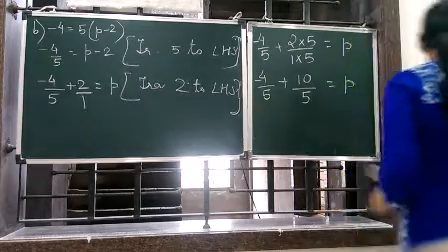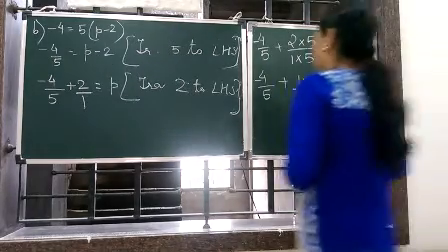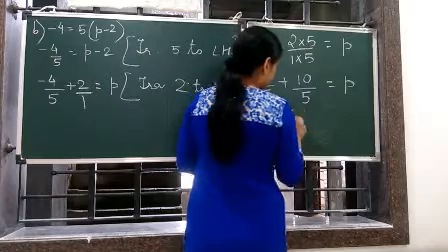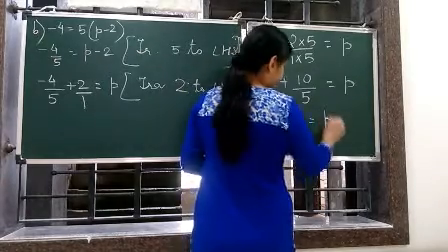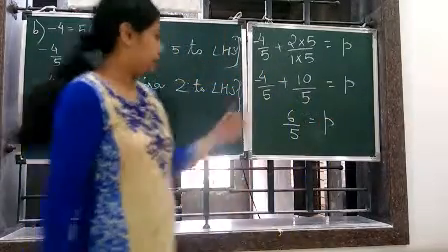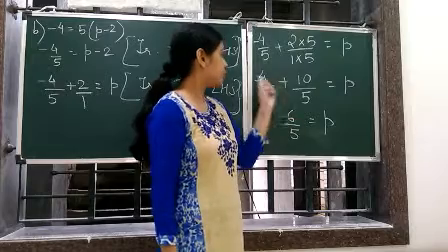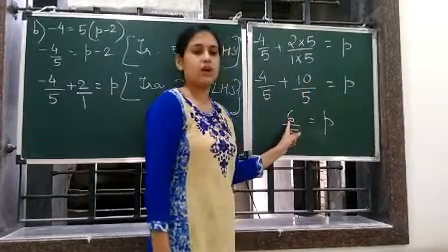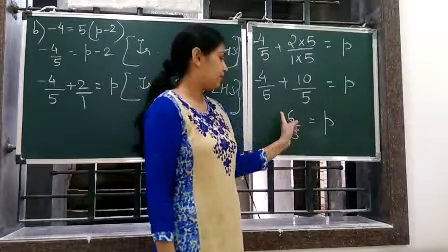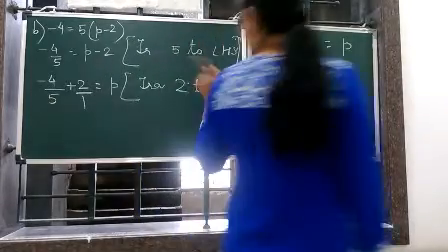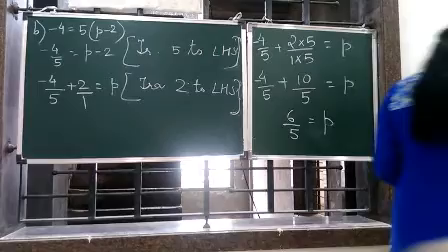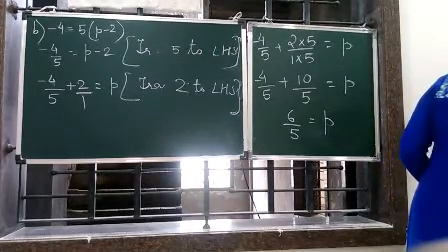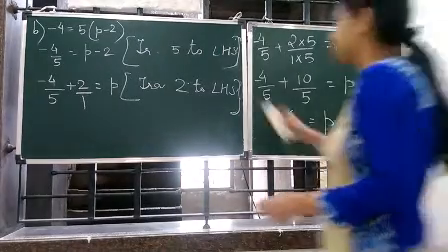So we subtract 10 and 4, it becomes 6. 6 upon 5 is the value of P. Okay, 10 minus 4 is 6. Now we will see who is greater. 10 is greater, so 10's sign will come in the answer, so answer becomes positive. So the value of P is 6 upon 5. This completes B. Now we start C.